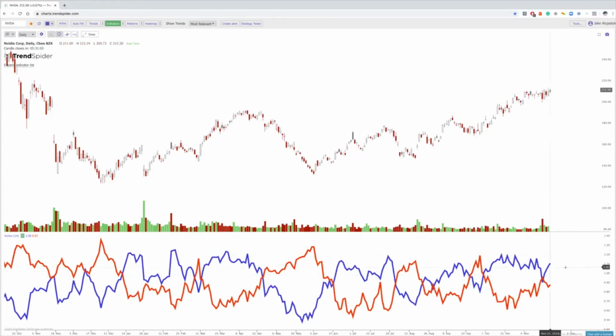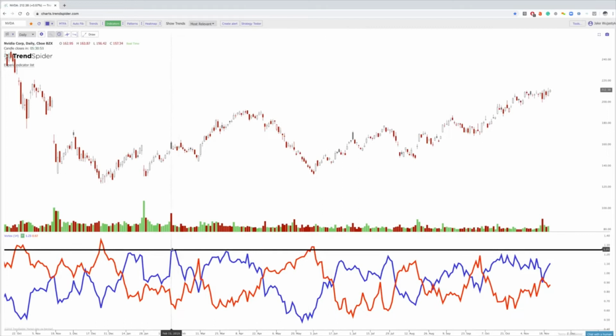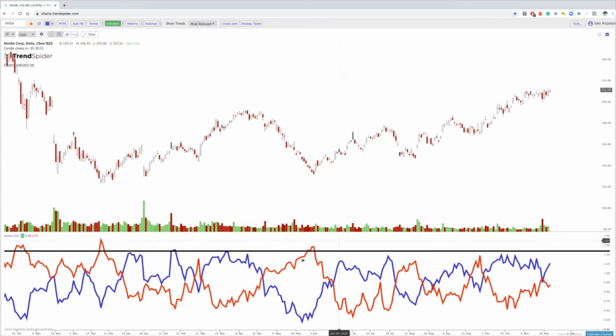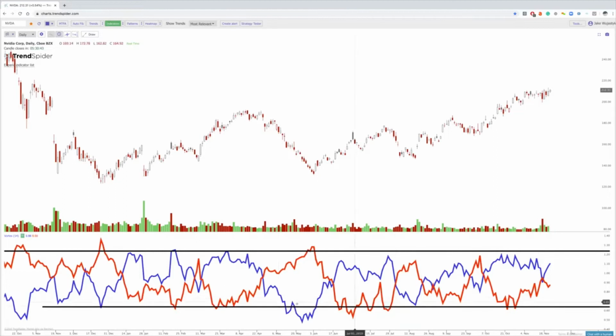For example, on the 14 time frame, notice how we're finding a threshold right around, let's say, 1.25, give or take. And on the bottom, we're finding a threshold where these reverse right around, let's say, 0.65. This isn't perfect, it's just a general area.